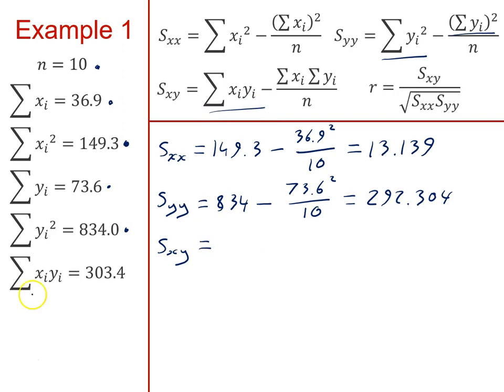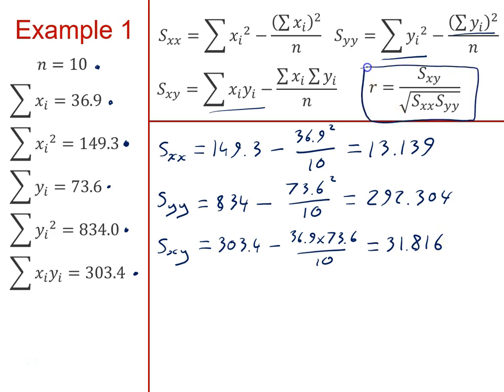Sum of the xi yi's is down here, 303.4 minus the sum of the x's times the sum of the y's, 36.9 times 73.6 all over 10. That is equal to 31.816. Then all we need to do once we've got that is sub into the final formula.